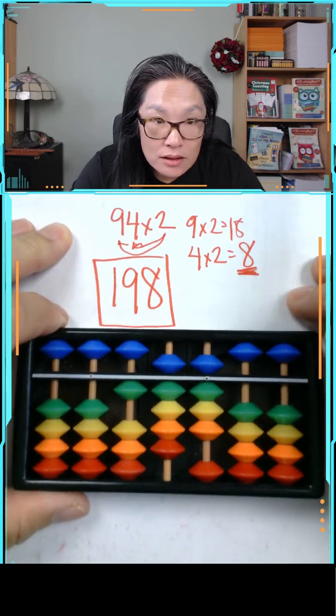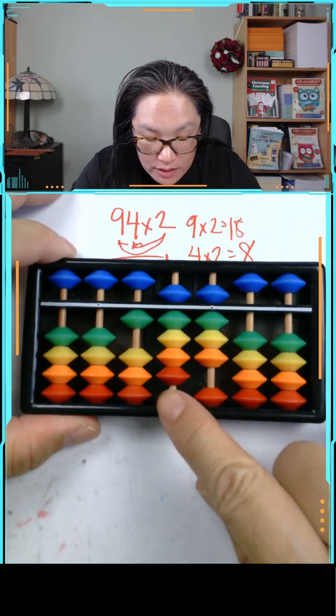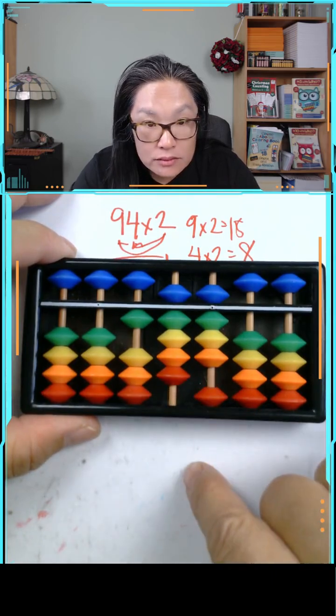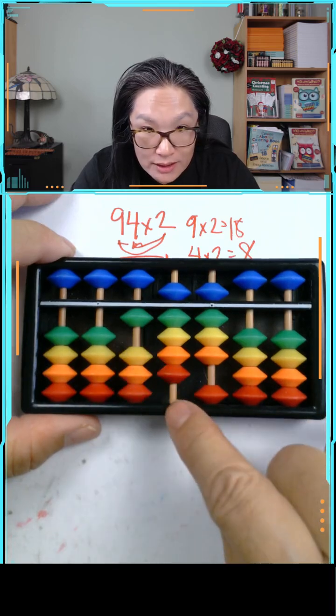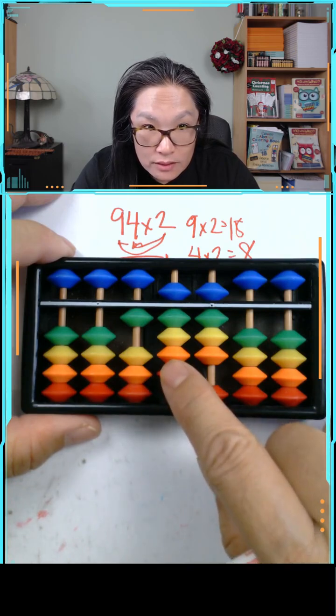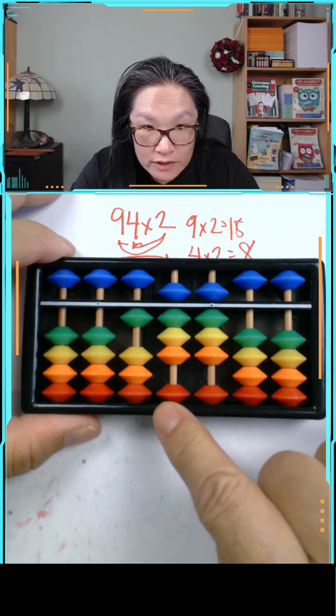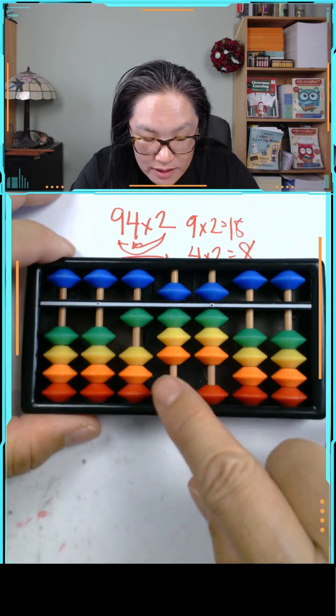We're doing 8. We're doing 8, 0, 8. 198. Wait, 18. Right. Sorry. That was my bad. Not 18. 8. 0, 8.